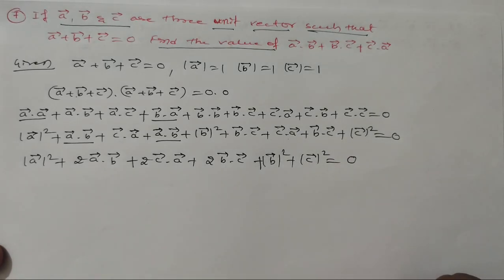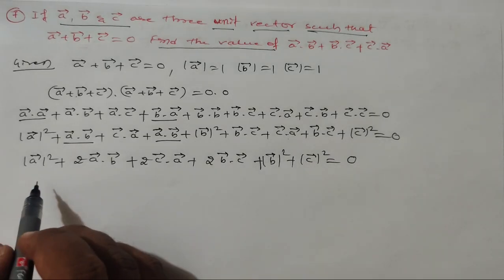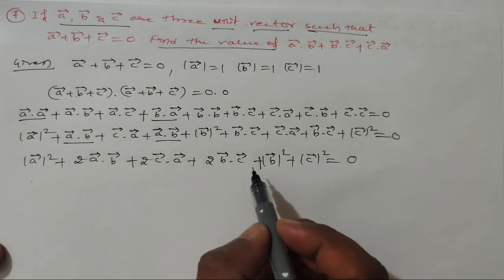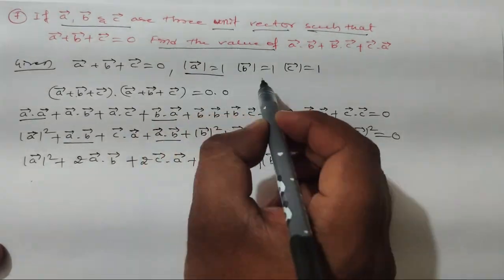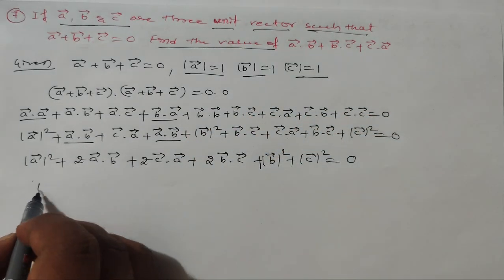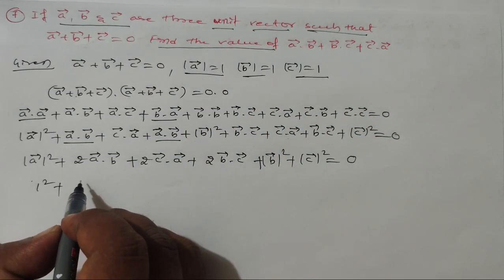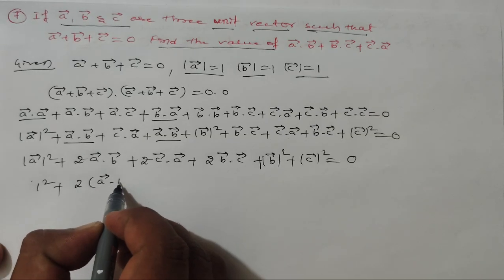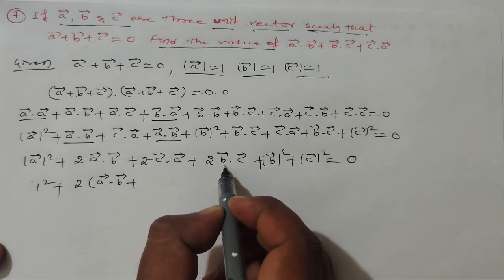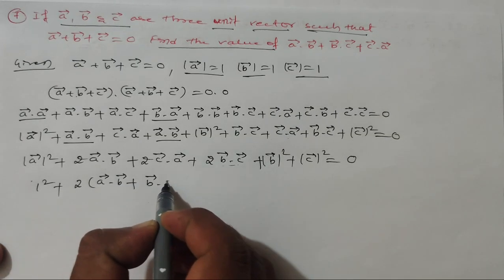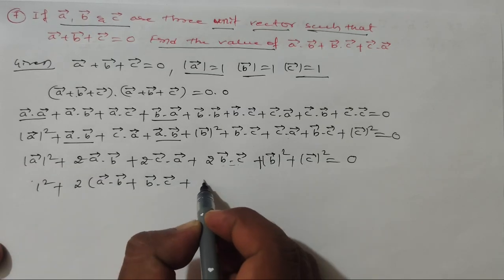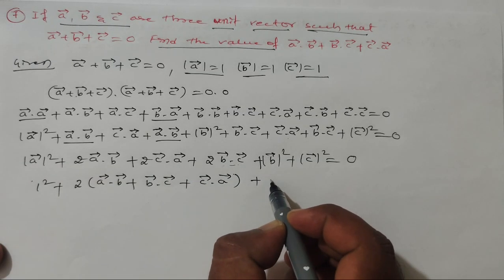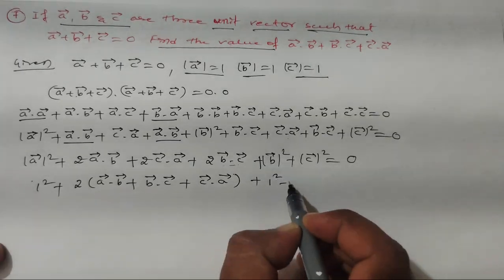So next what? First you write a, b, c are unit vectors, right? That is equal to 1 square plus, 2 will take common factor, a vector dot b vector plus b vector dot c vector plus c vector dot a vector, plus what is the magnitude of b? 1, that is 1 square.